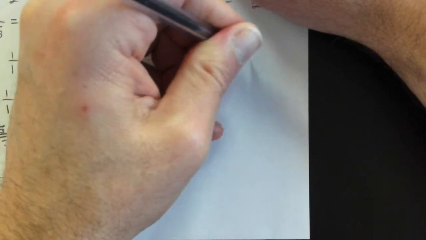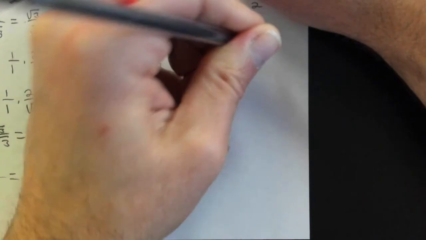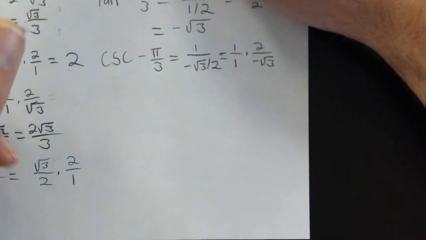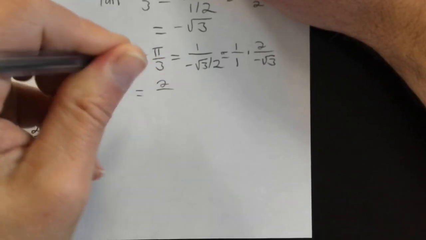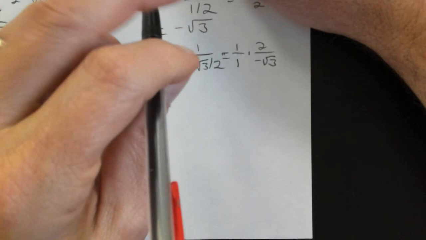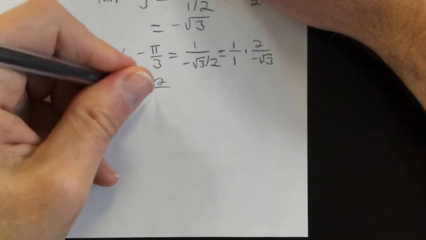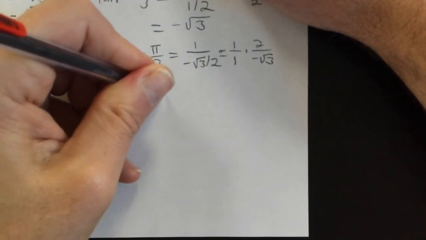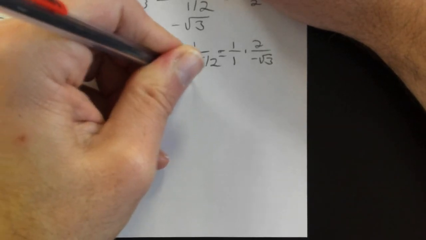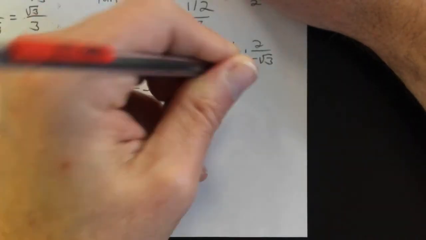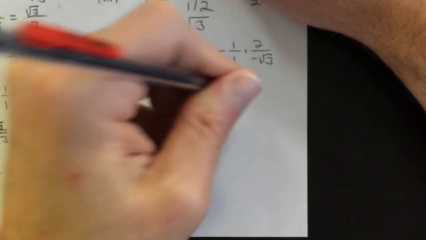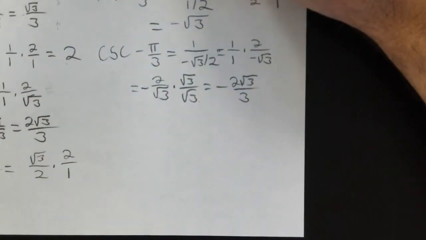So that's 1 over 1 times the reciprocal, 2 over negative square root of 3. So when I multiply that out, I'll come up with 2 over, let's go ahead and make that negative, 2 over square root of 3. So I'm ready to rationalize the denominator, multiply the top and the bottom by square root of 3. Then we'll come up with negative 2 square root of 3 over 3. And so there's your answer.